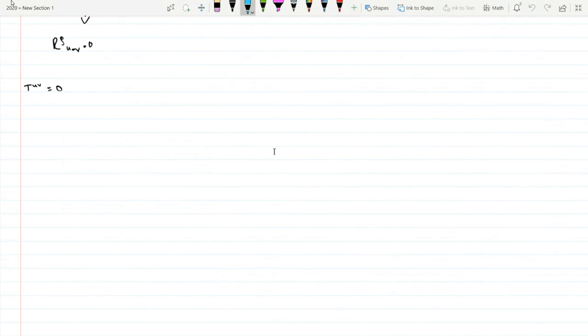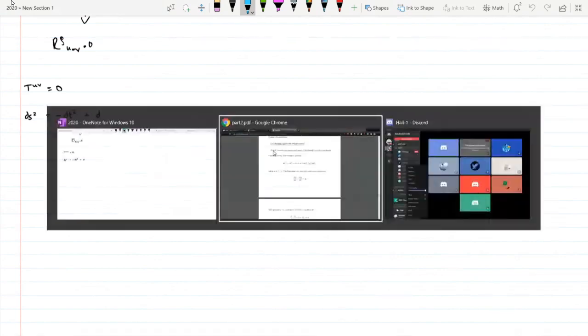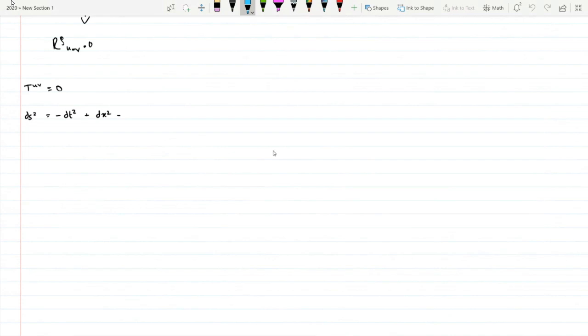there's one that also works like this, which is, if I give you the example, minus dt squared plus dx squared plus and so on.